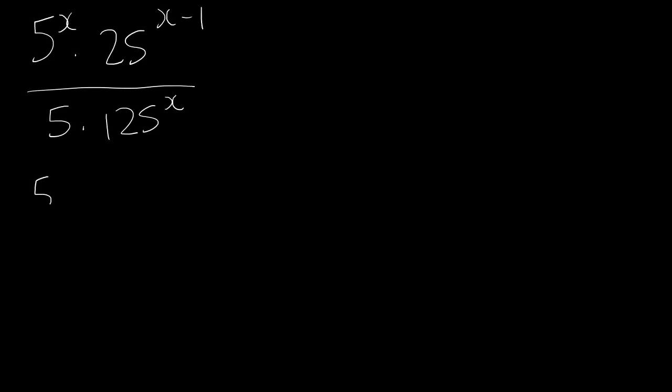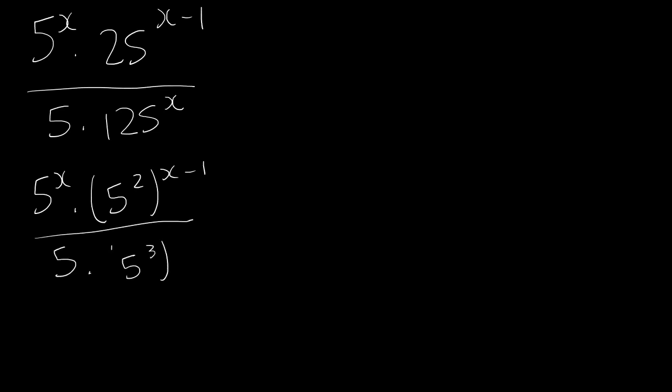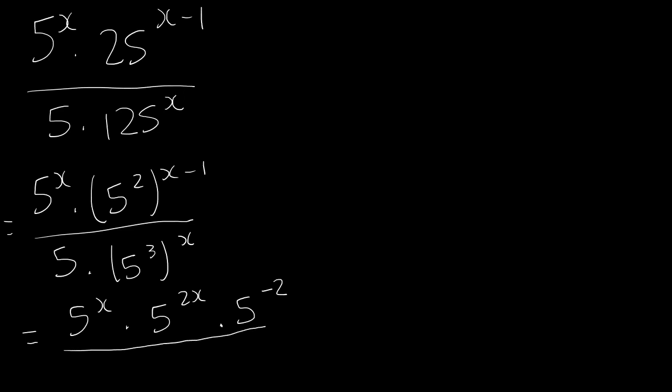So we have 5^x times 5 squared to the x minus 1, over 5 times 5 to the 3, to the power x. So let's multiply that through. So we have 5^x times 5^(2x) times 5^(-2) all over 5 times 5^(3x).